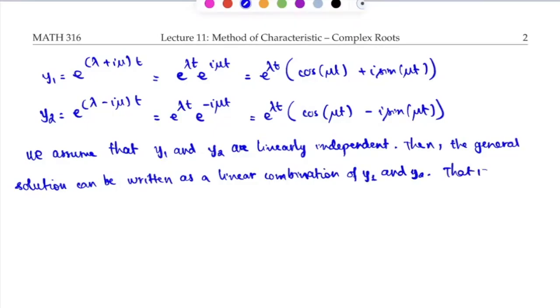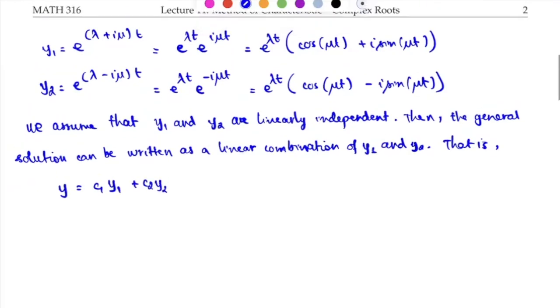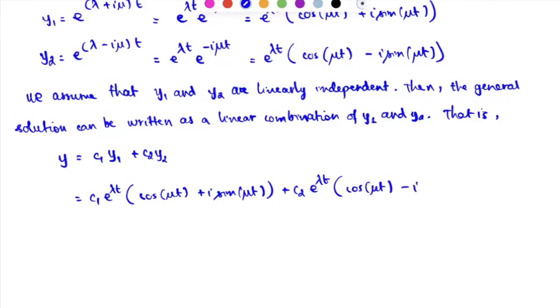That is, y is equal to c1 times y1 plus c2 times y2, and y1 and y2 are of this form. Okay. So c1 times e to the lambda t times cosine of mu t plus i times sine of mu t, plus c2 times e to the lambda t times cosine of mu t minus i times sine of mu t. Okay. So that's where you get the general solution.